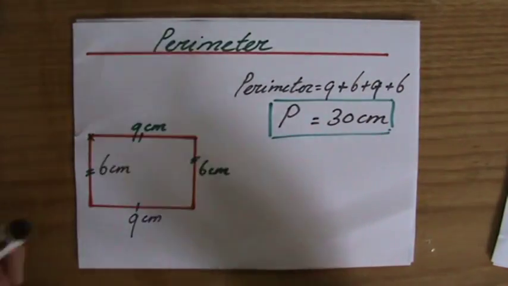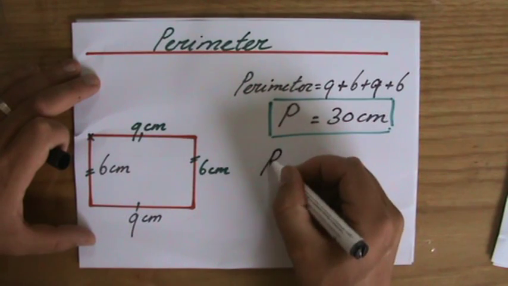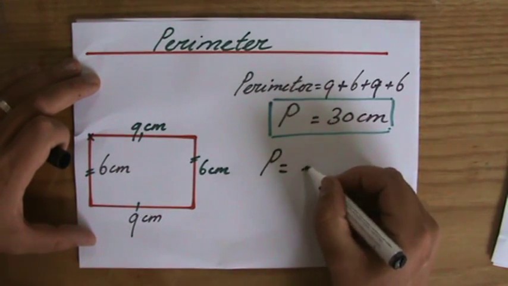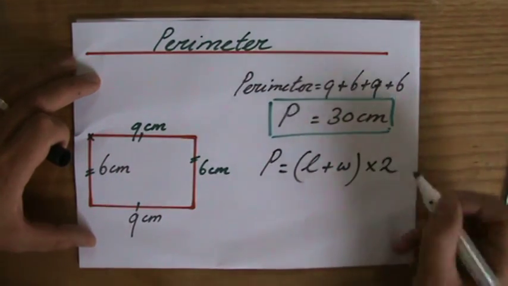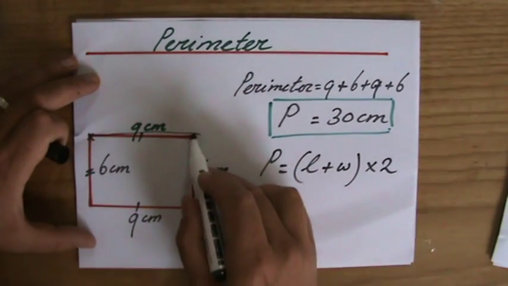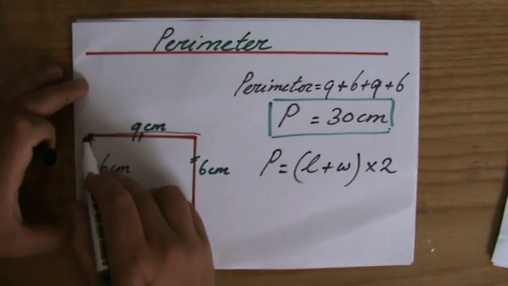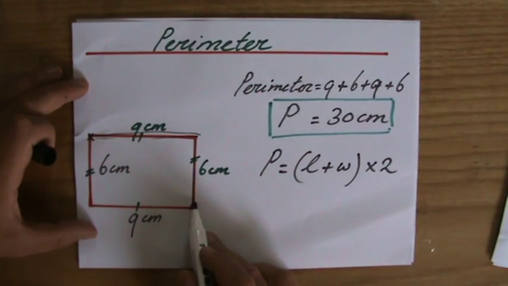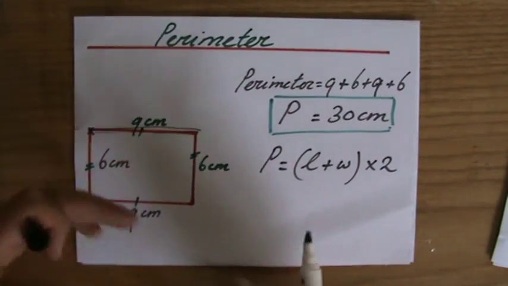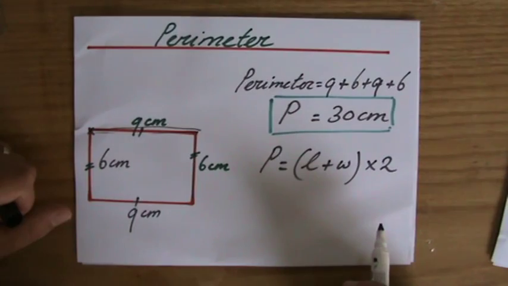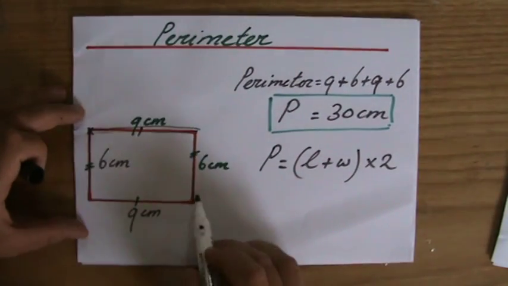Now some of you are going to say, yeah, but hang on a minute, the formula for the perimeter of a rectangle is the length plus the width, and that times 2. So 9 plus 6 multiplied by 2. Now let's have a look. 9 plus 6, 15 multiplied by 2 is also going to give me 30. And indeed for a rectangle that formula is going to work, because those opposite lengths are equal in size.